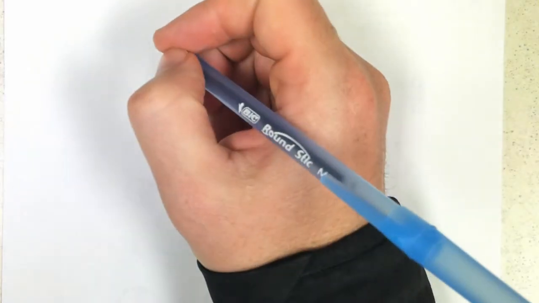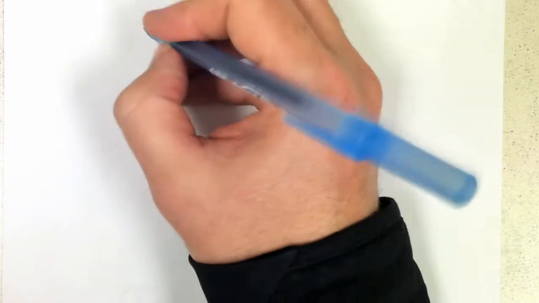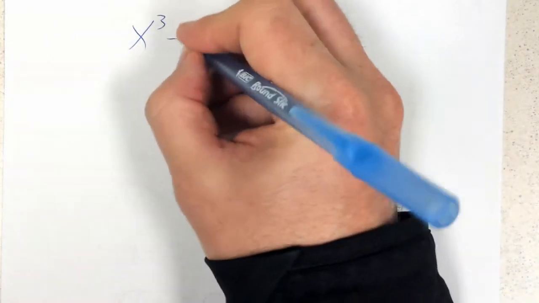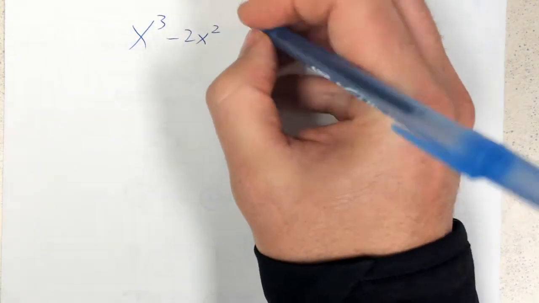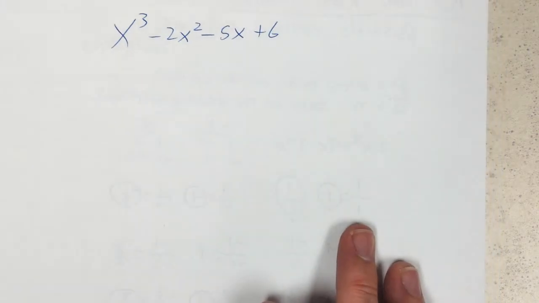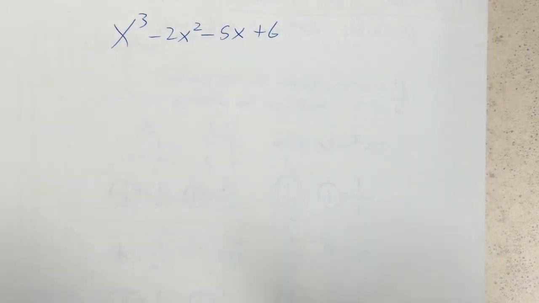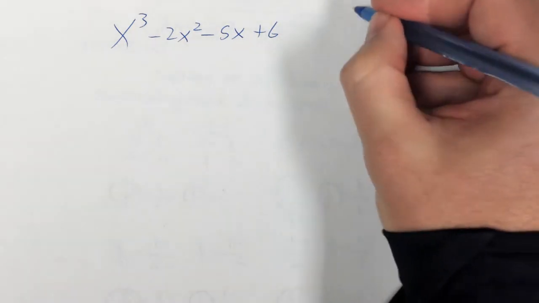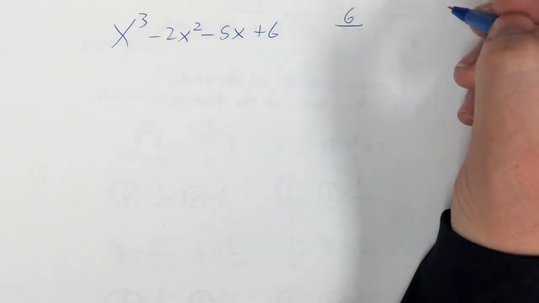So if we have, let's go with x to the 3rd minus 2x squared minus 5x plus 6. All right, the first thing we want to go through is identify our p and our q. So 6 is our p. We're going to find what are the factors of 6.